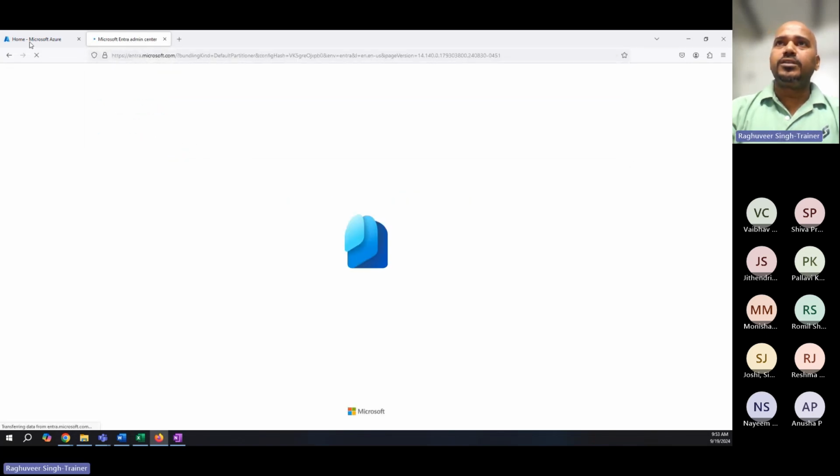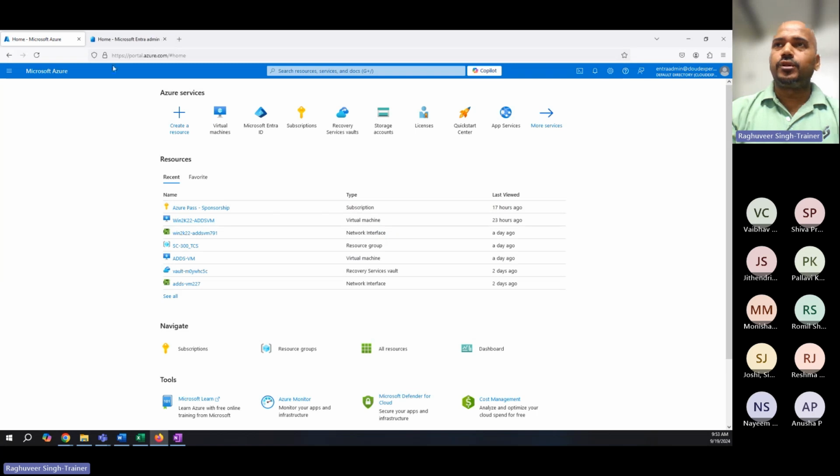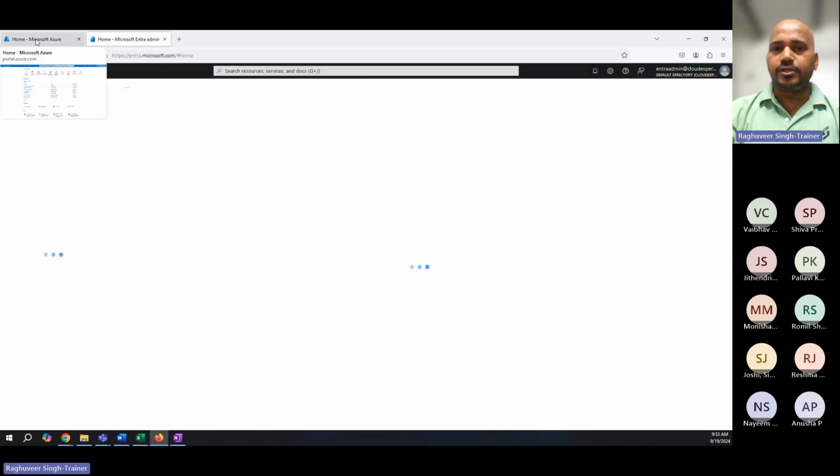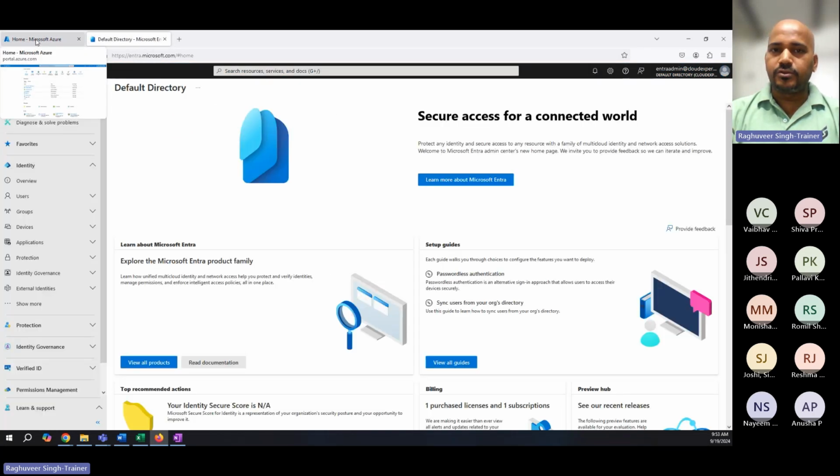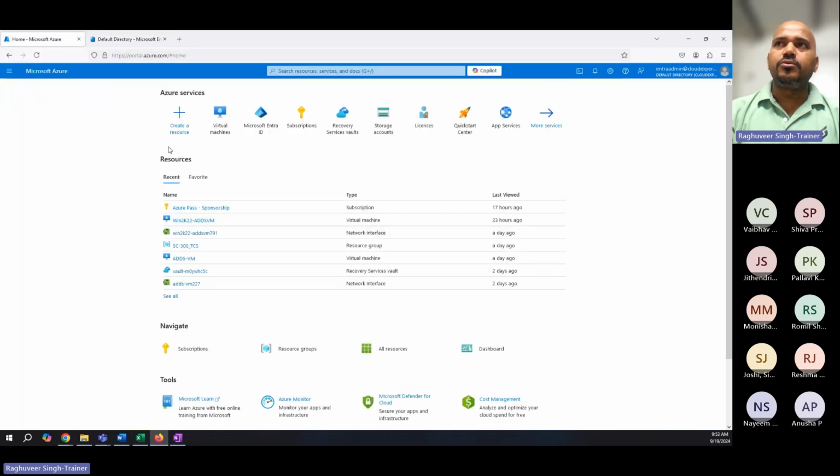Now you notice that once I'm signed into Microsoft Azure, if I sign into any other portal of Microsoft for whom the identity service provider happens to be Entra ID, it is by default enabled for single sign-on. I don't need to provide credentials for it. I'm signed into this portal.